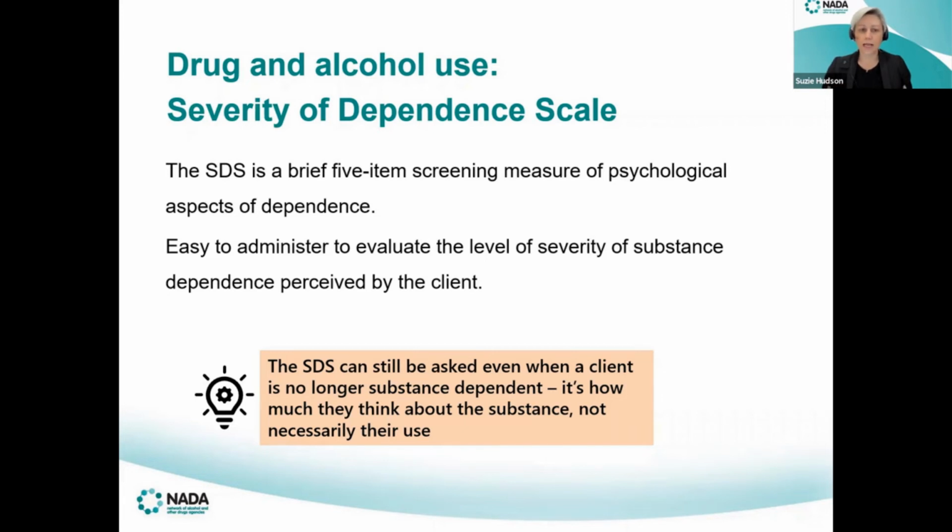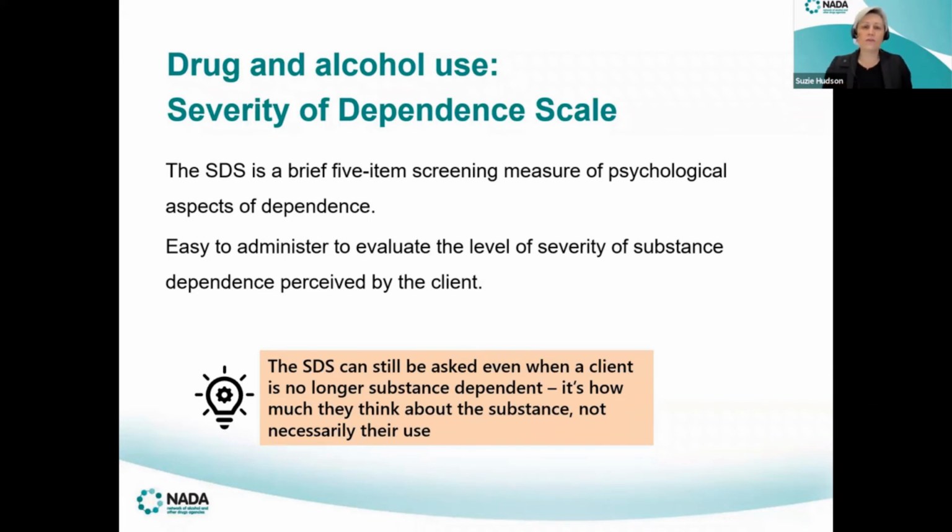It's quite easy to administer to evaluate the level of severity of substance dependence perceived by the client, and there are some tweaks and different research according to different drugs, but any score above 5 is usually considered dependent. The questions ask very specifically about people's thoughts and feelings about their use.